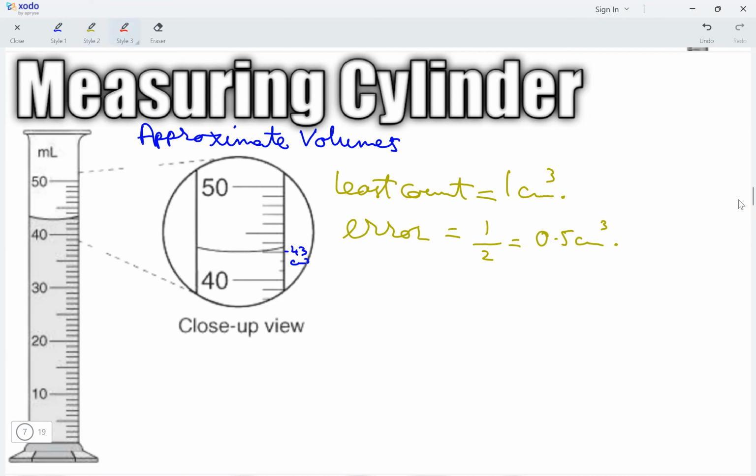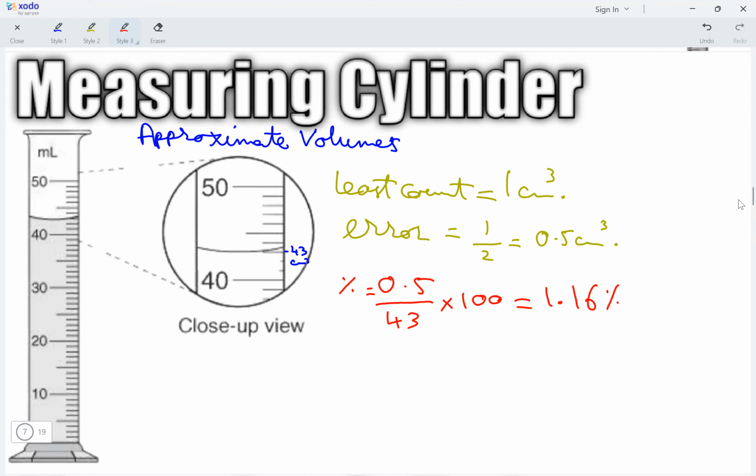So if we took 43 cm cube here, for example, we would have a percentage error of 0.5, which is the error in using this measuring cylinder, divided by 43, which is the volume taken, and multiplied by 100, which would give us a percentage error of 1.16%.